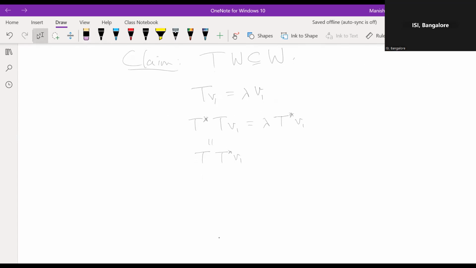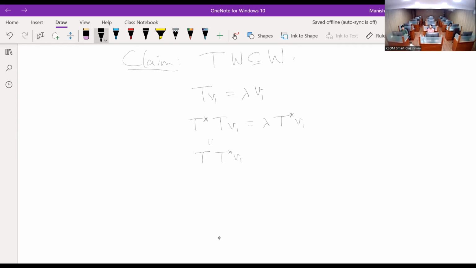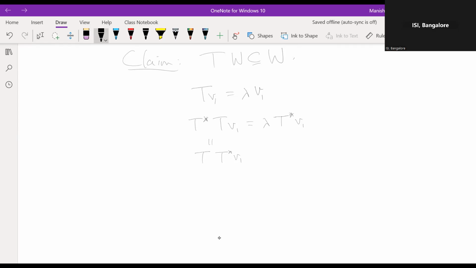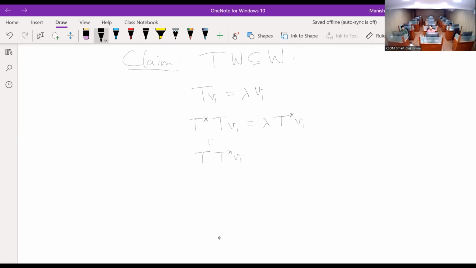So I think it will work out. What can we say about T star V1? T star V1 will also be a lambda eigenvector, right?